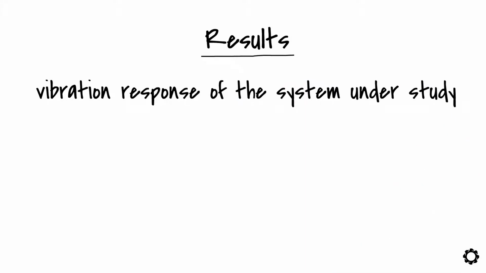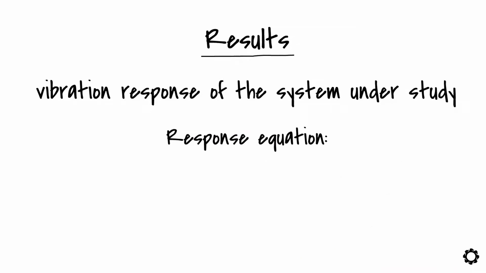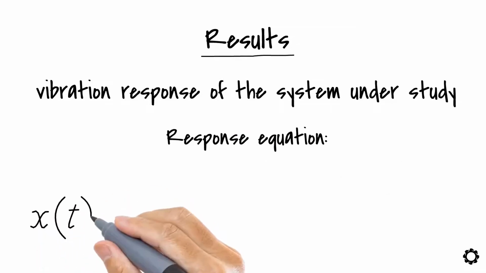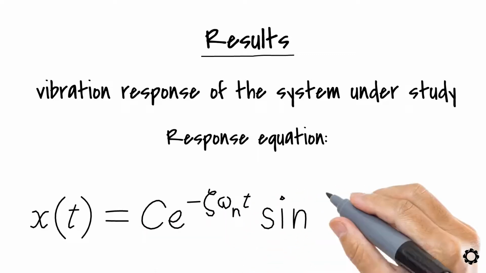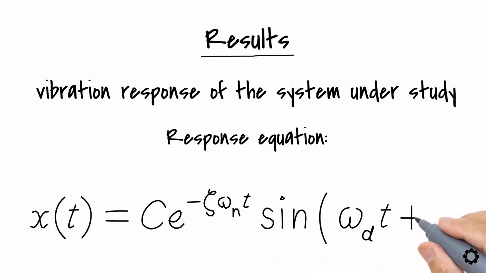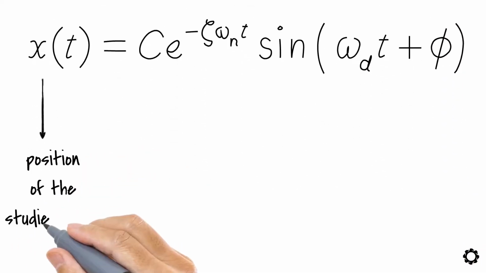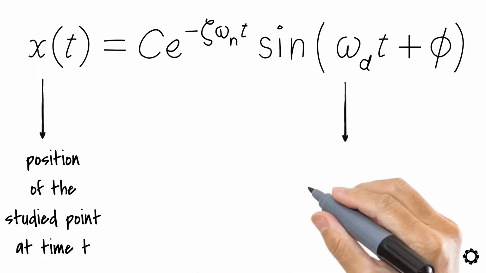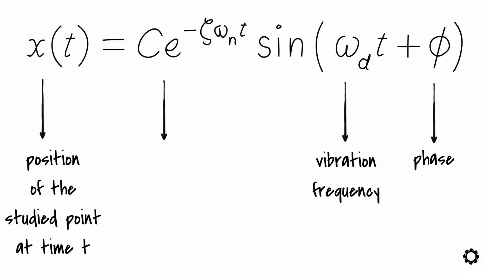Now theoretically, assuming that it is an underdamped system, the response equation will look something like this. x(t) equals c times e to the power minus zeta times omega n times t, times sine of omega d times t plus phi, where x is the position of the studied point at time t, omega d is the vibration frequency, phi is the phase, and c times e to the power minus zeta times omega n times t is the amplitude of the movement, which depends also on the damping ratio zeta.